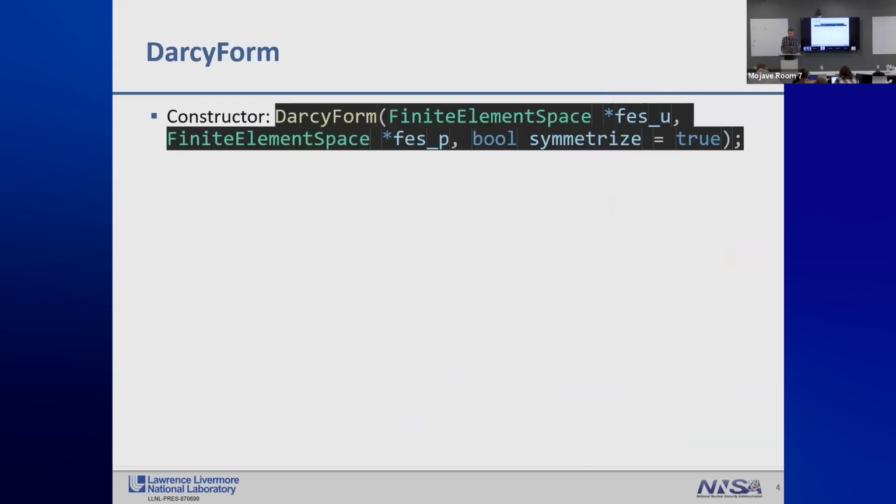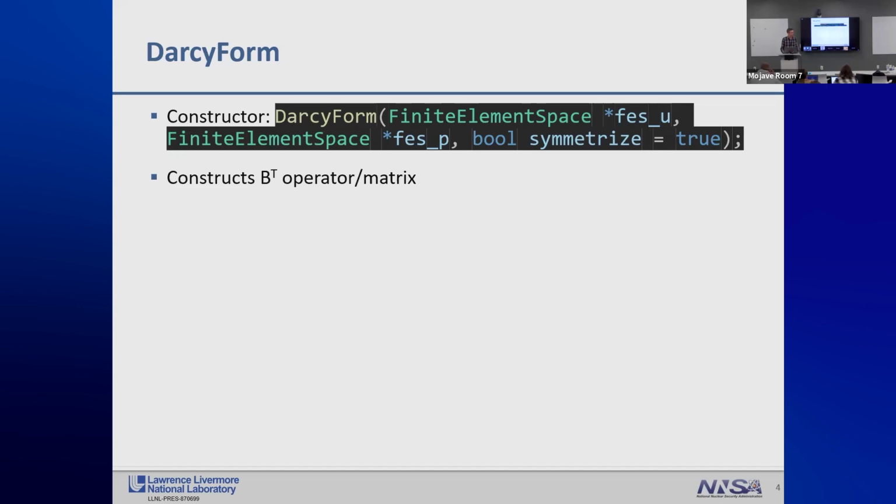But getting back again to those mixed systems, how is this then implemented in MFEM? One of the fundamental classes here is DarcyForm. This class takes just two finite element spaces for fluxes and potentials, and also the convection.